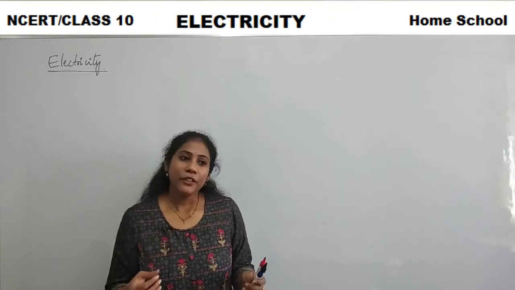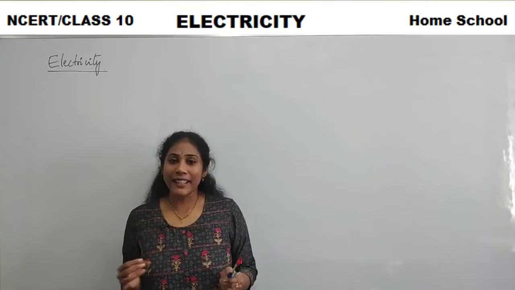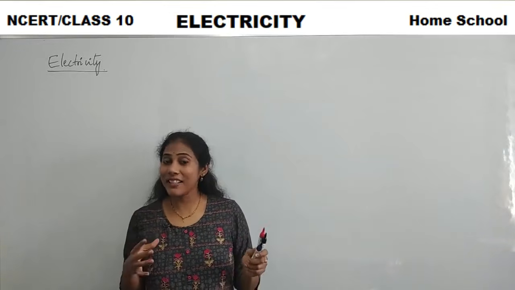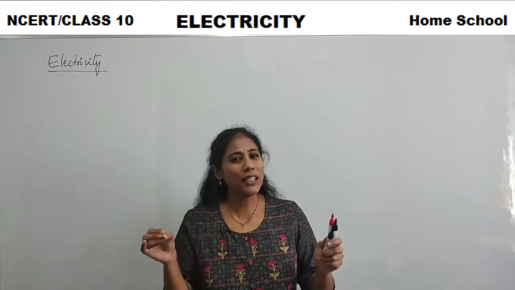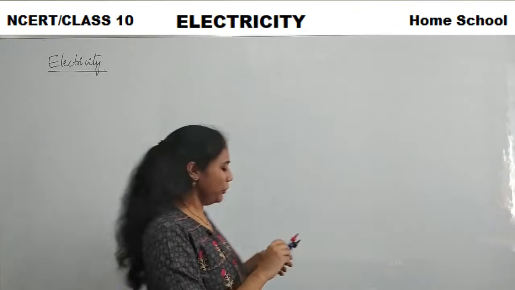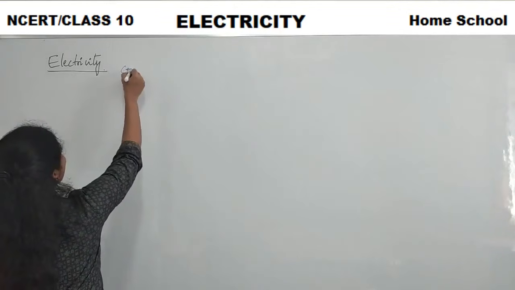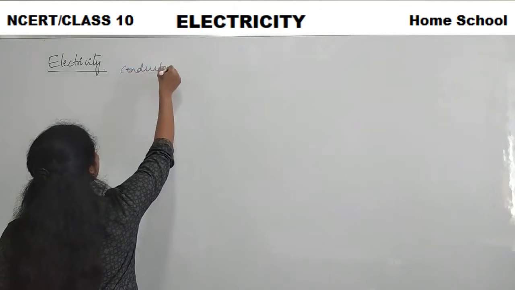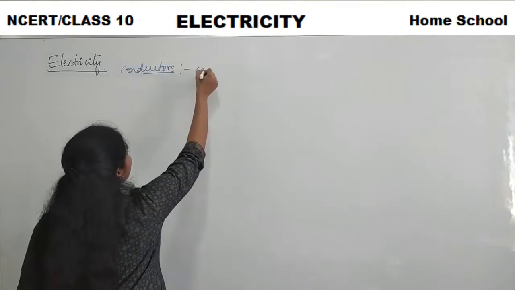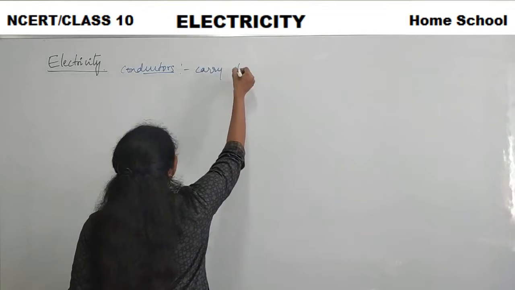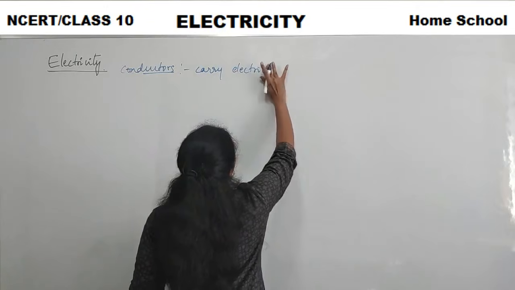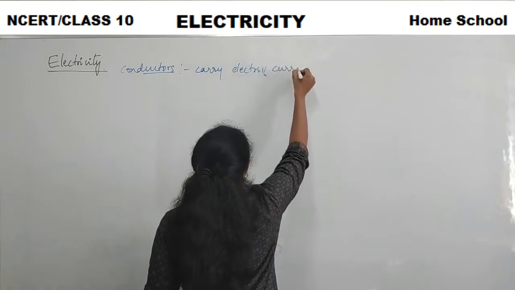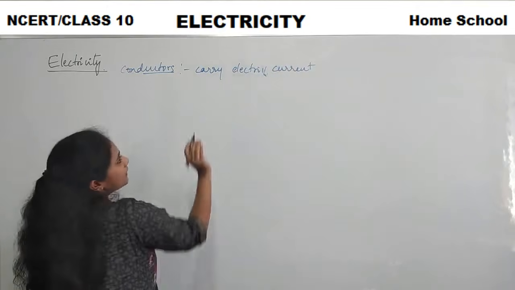We all know very well that electricity passes easily in the case of metals. We call them conductors. So what do we mean by conductors here? Conductors are the ones which carry electric current, or electricity, from one region to another region.